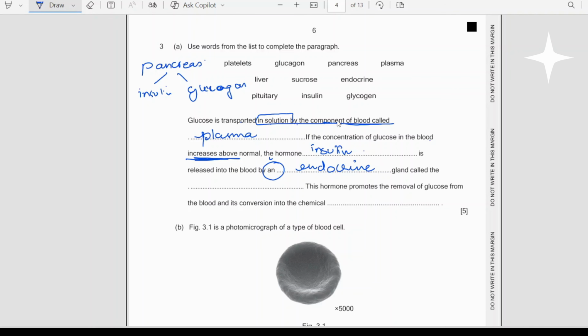Will it be quick or slow? Slow in case of endocrine and fast in case of nervous system. And what about their lifespan? It would be short lived in case of the nervous system and longer in endocrine.